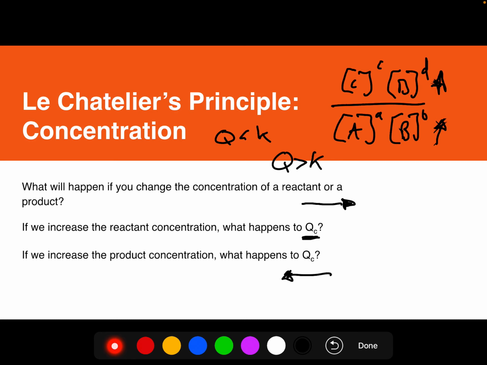If I lower product concentration, it has the same mathematical effect as increasing the reactant concentration, so the reaction is going to shift toward the products in order to reestablish equilibrium. If I lower the reactant concentration, it's going to head toward the reactants to reestablish equilibrium.